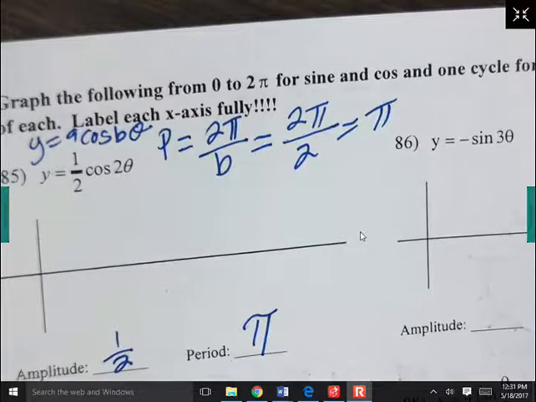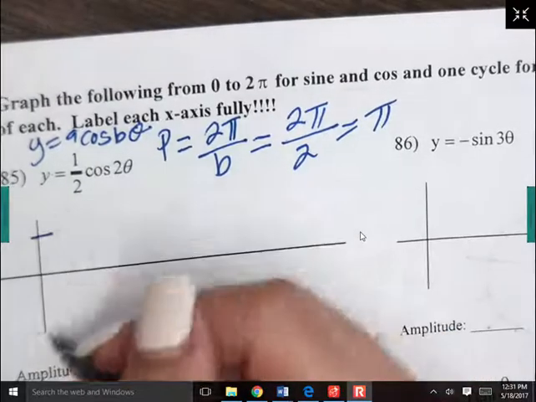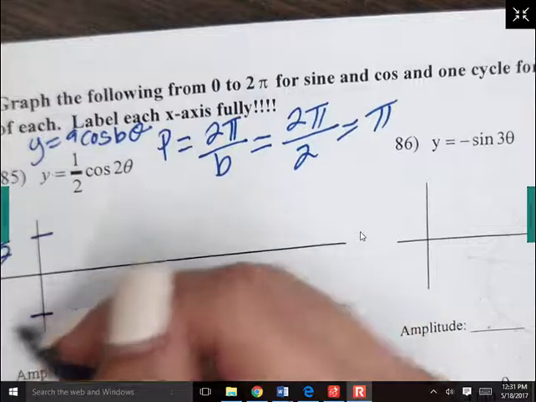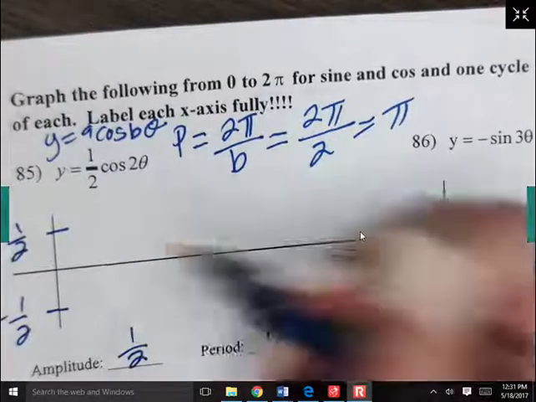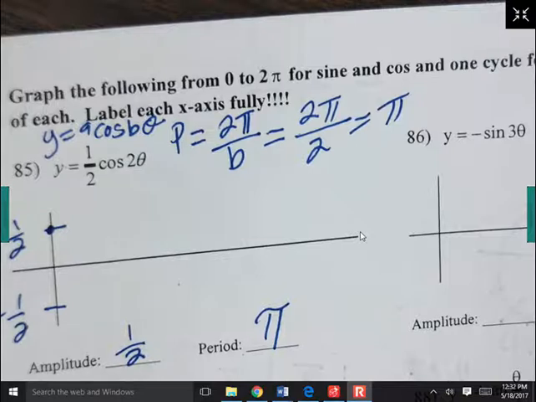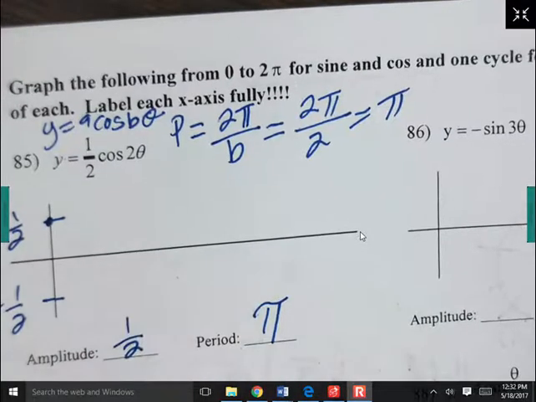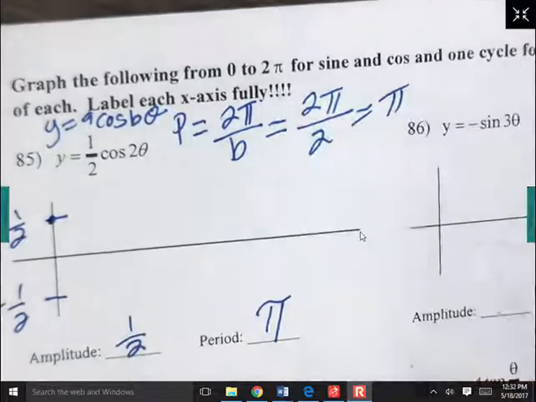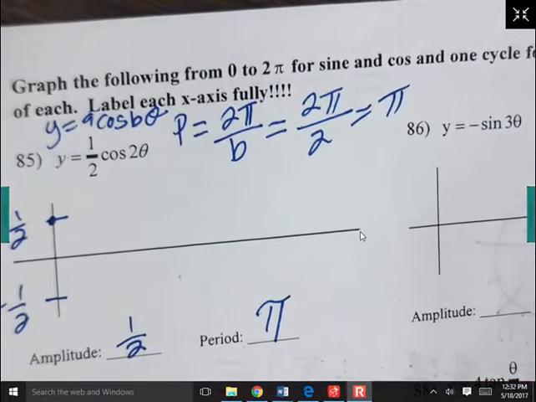Now, for cosine, where do we start? Do we start at our origin or on our amplitude? Amplitude is correct. So we're going to start right here. But before we really start graphing this, we're going to need to break up our x-axis into intervals to determine how many different marks we need to make on our x-axis.